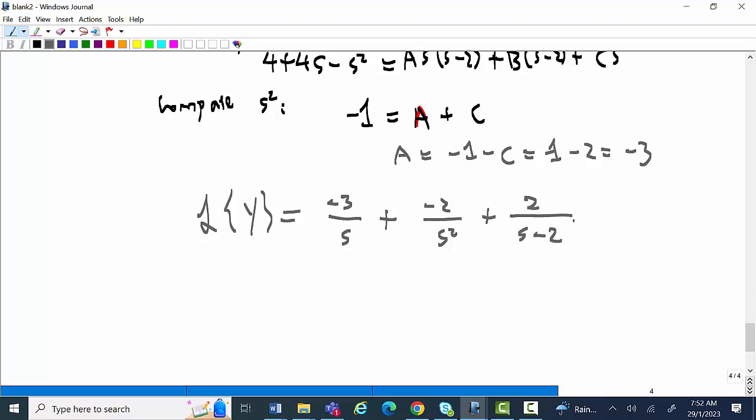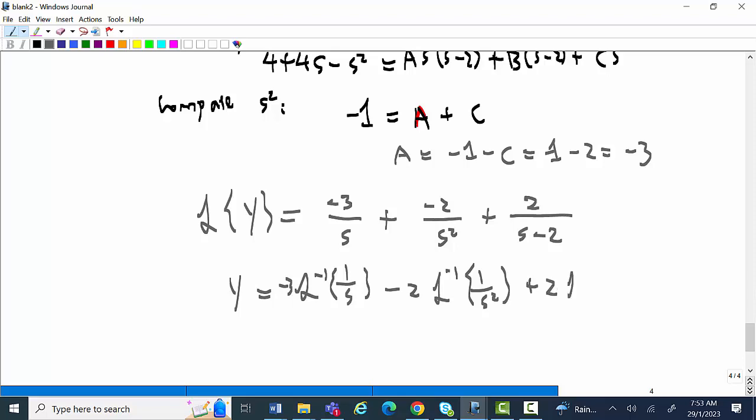Right? So what is y now? Y is the inverse Laplace transform of minus 3 times 1 over s, plus minus 2 times the inverse Laplace transform of 1 over s squared, plus 2 times the inverse Laplace transform of 1 over s minus 2.